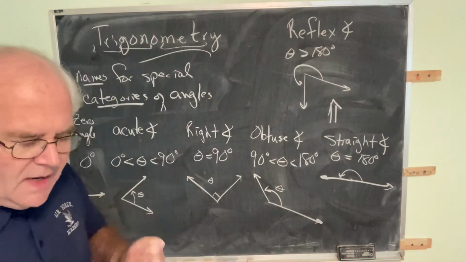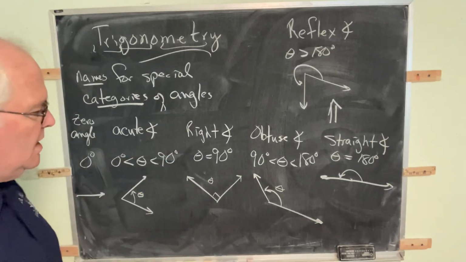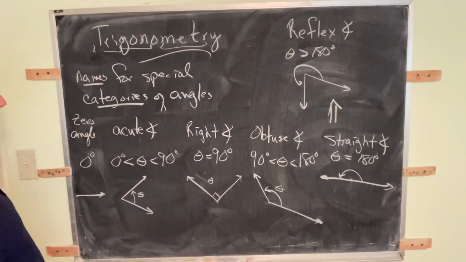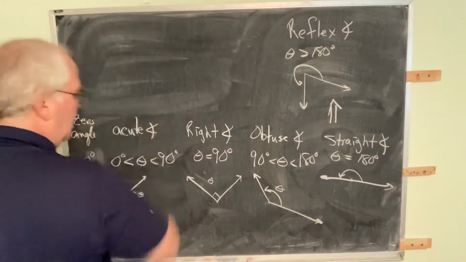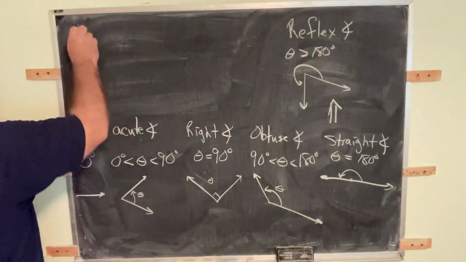Now, there's one extra little piece of the puzzle, and this is not a big deal yet, but this comes into play much more significantly later on. I'm going to erase this and talk about multiple revolutions.